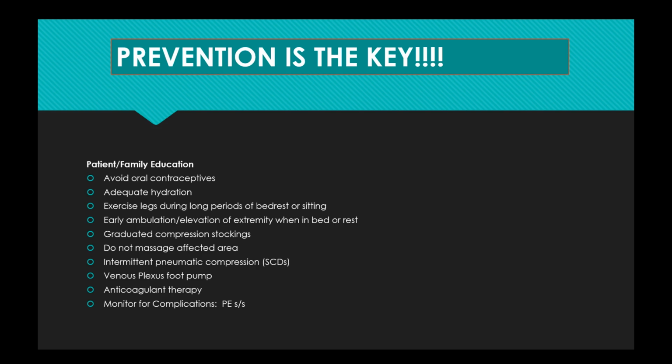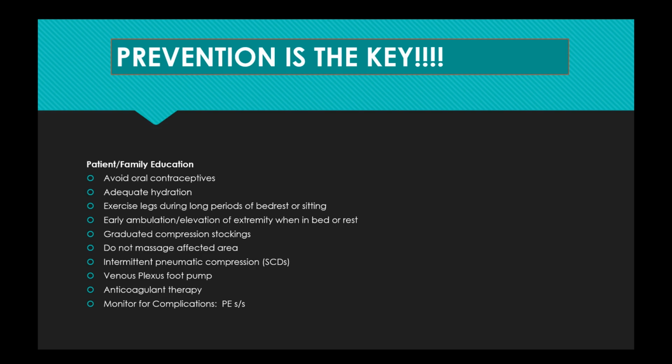Early ambulation, that's why nowadays whenever you have a surgery, it seems like they're getting you up and at them immediately, which is crazy, but a total knee and you're walking the next day. But really, early ambulation has shown really solid evidence that it prevents DVTs, it helps with the recovery, and we definitely want to think about elevating the extremity when in bed or at rest.